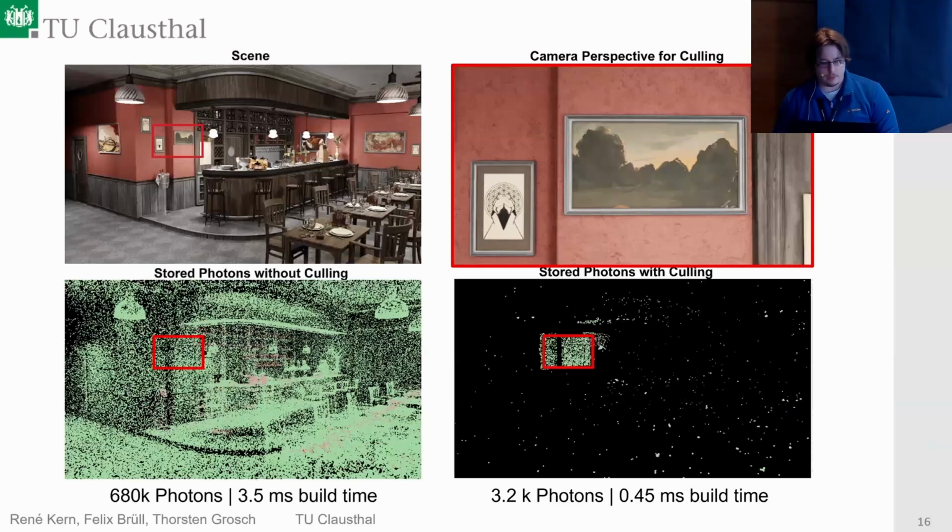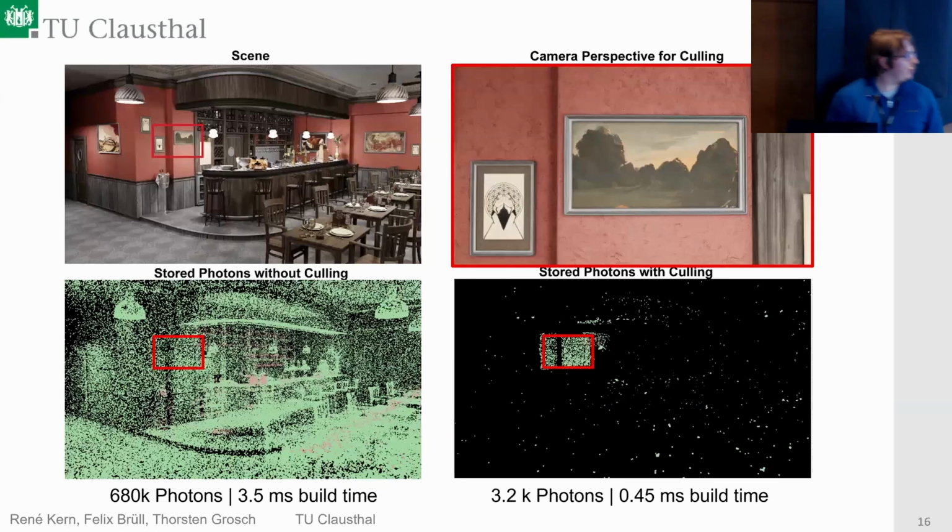So with our photon culling, only the small portion is actually stored in the photon map. As you can see, this reduces the photon count drastically from around 700,000 photons down to 3,000 photons, which saves around 3 milliseconds of acceleration structure building time, which is huge.